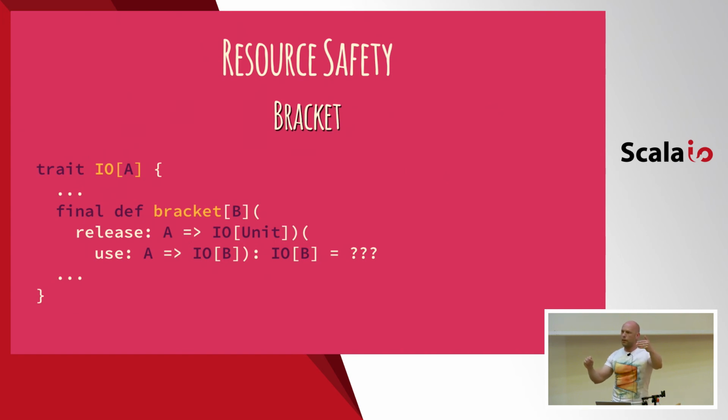So if you've opened a file and you're reading it and processing it and parsing stuff, and this is taking minutes, who knows how long it's going to take, and that's interrupted because it was forked by some other fiber, then what's going to happen is that computation in the middle, the use, will be interrupted, but then on the way out, release will be called, and all the resources of that will be safely released. So if you use this every single time you acquire any resource in your application, then you have that guarantee you don't have to worry about resource leaks ever.